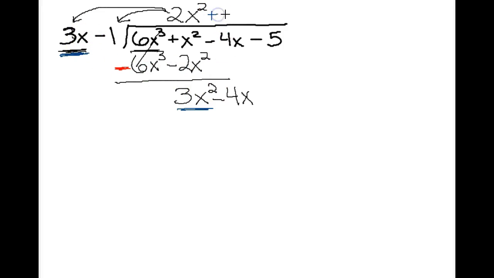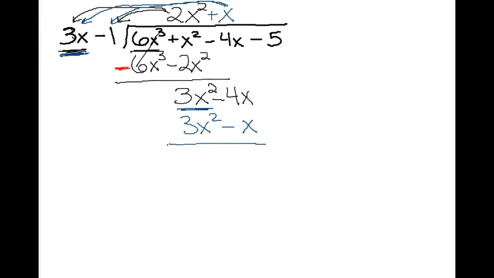So we need 1x. So then we are going to go back. We're going to multiply this x by each term. X times 3x is 3x squared minus x times 1 is x.